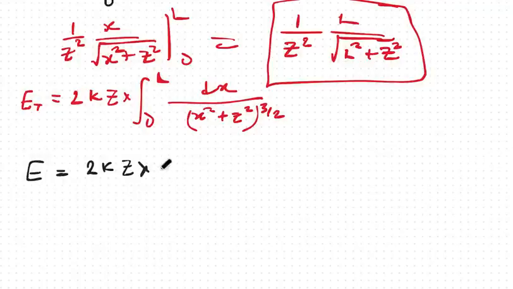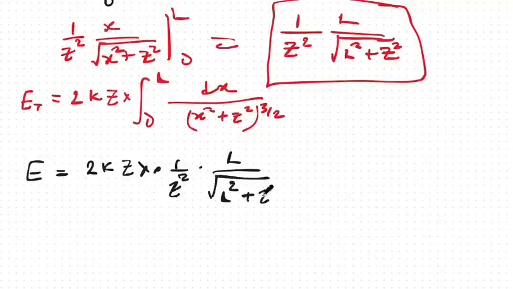then multiplied by 1 over z squared, multiplied by L divided by the square root of L squared plus z squared. So z can cancel out, right?